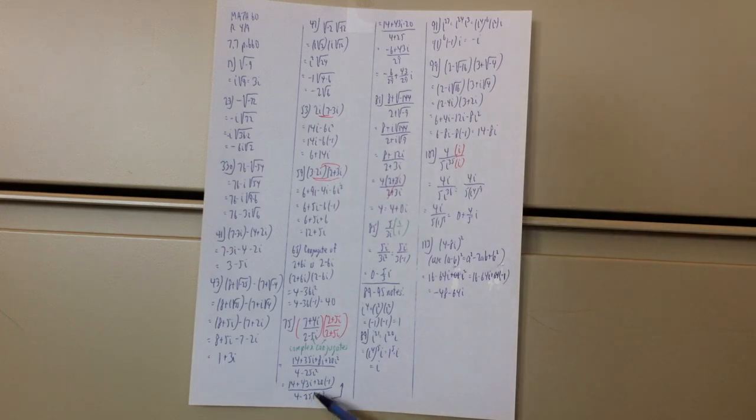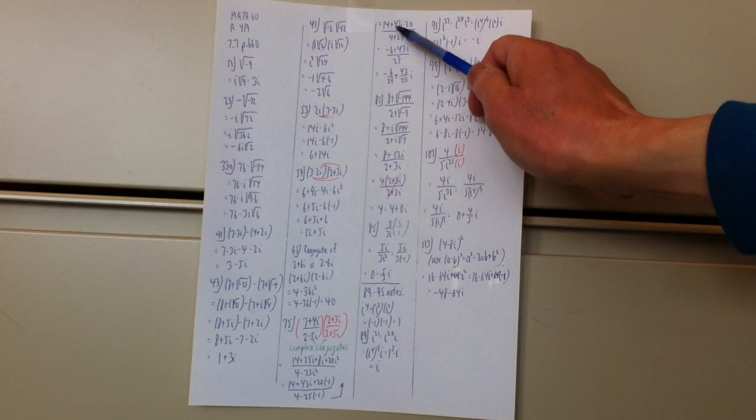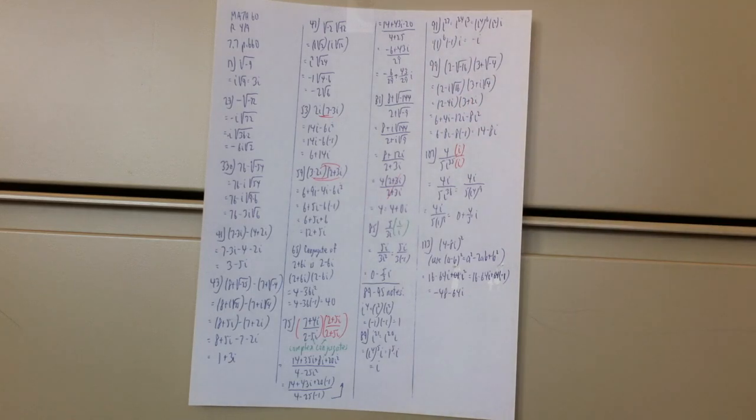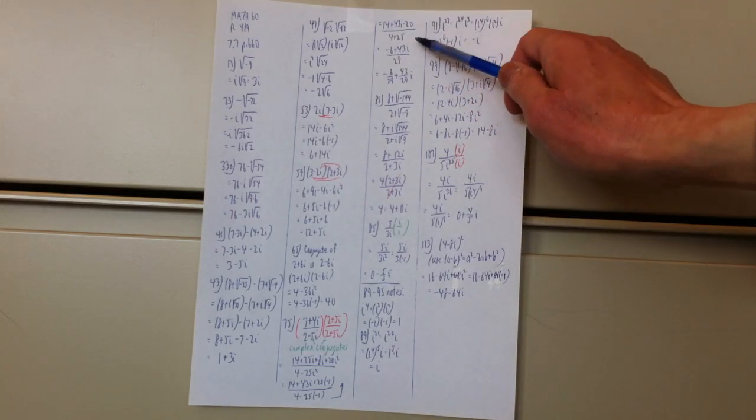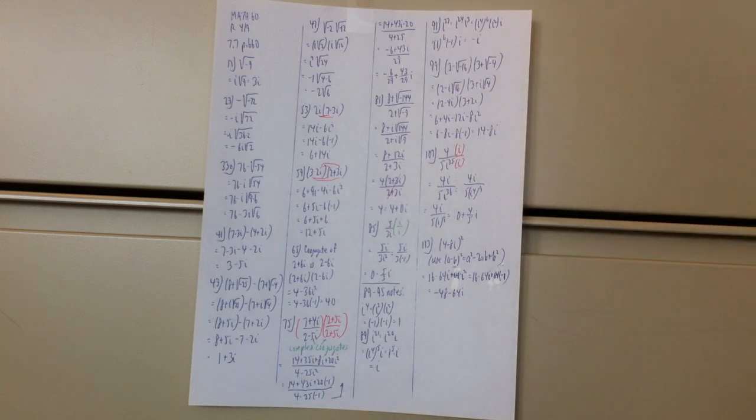And likewise in the denominator, this i squared becomes a negative 1. So if I continue up here, I basically have 4 plus 25 in the denominator. So I get a nice denominator. It's going to be 29. And this looks like it's going to become negative 20. So 14 plus 43i minus 20. That gives me negative 6 plus 43i over 29.